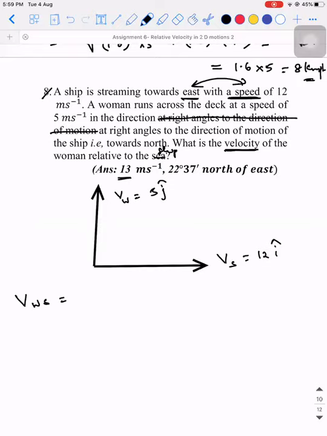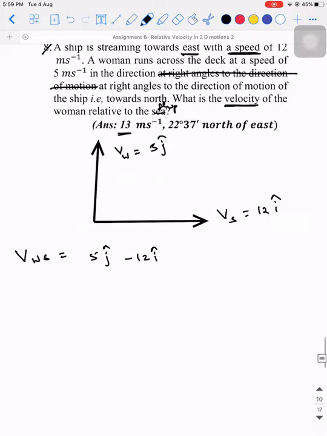That will be 5 j cap minus 12 i cap. So this is in the vector form. If you take the scalar part of it, it will be square root of 5 square plus 12 square, 13 meters per second.